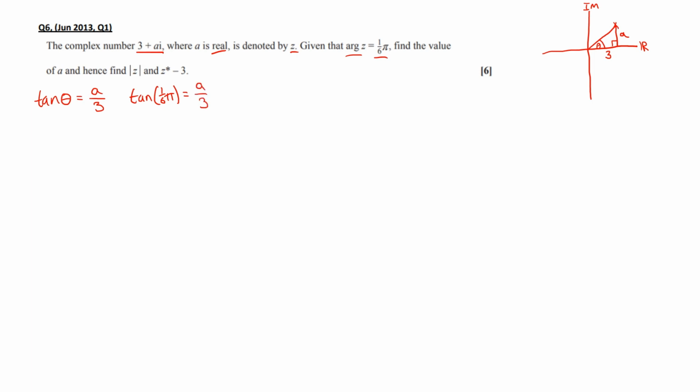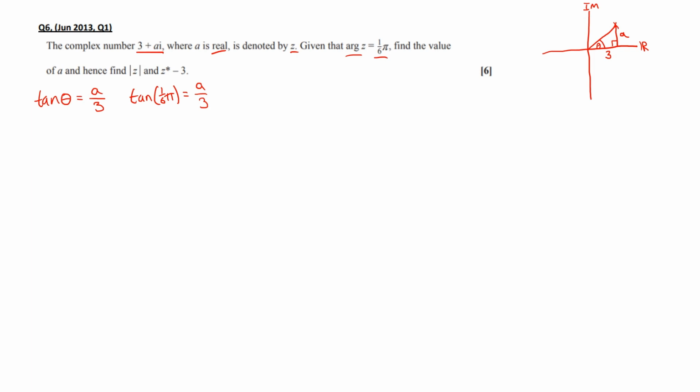So if we times tan of 1/6 pi by 3, then we're going to get a. Actually, hold on. Sorry, I need to get my other calculator, which is in radians. It's got to be in radians.